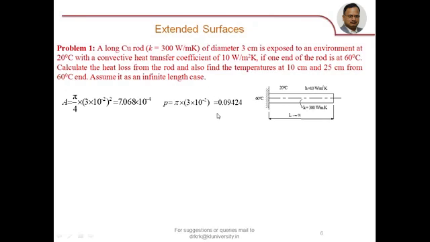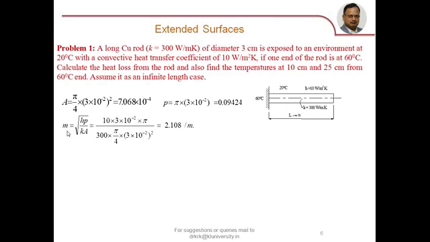The length of the fin here is not given. We are assuming it as infinite case, but at 10 centimeters, at 25 centimeters, you are asked to determine the temperatures. Diameter of the fin is given as 3 centimeters, and hence the cross-sectional area of the fin is pi by 4 d square, and perimeter of the fin is pi d.